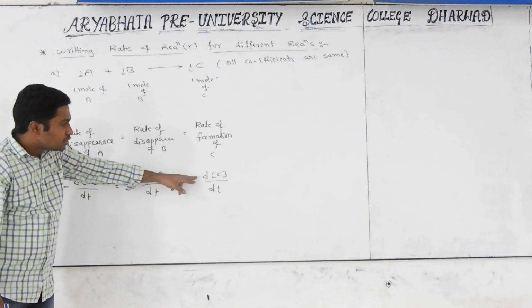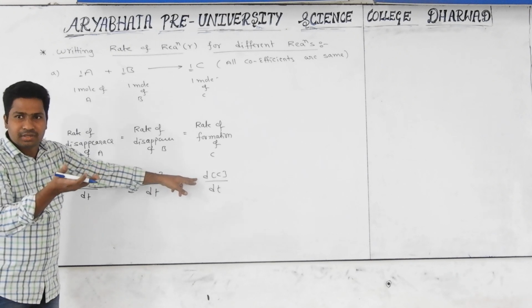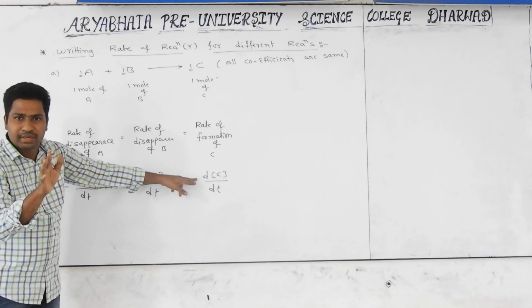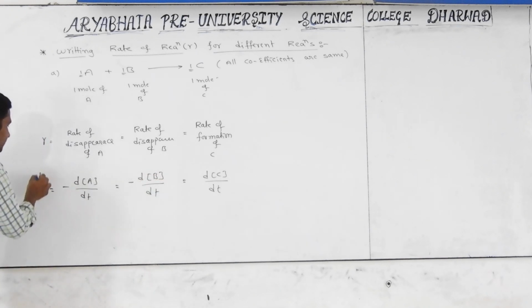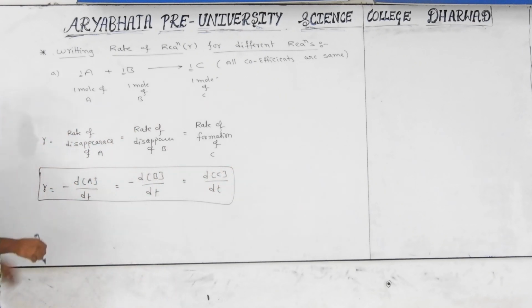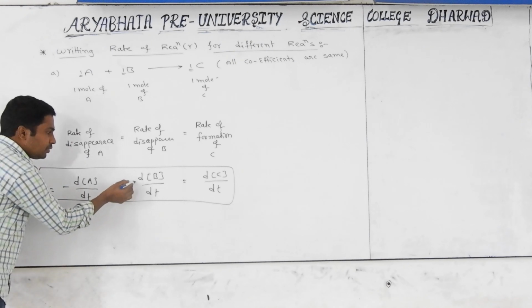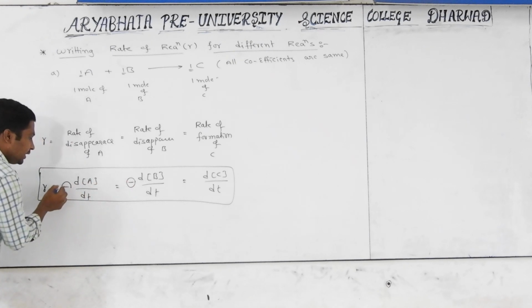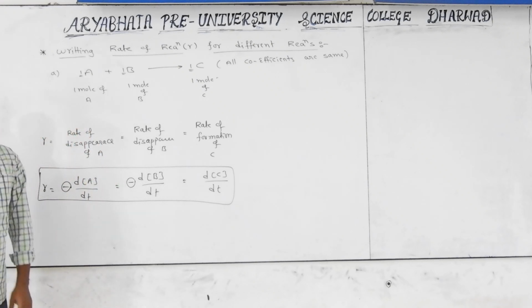Is there any necessity to write the negative sign here? No. Why? Because we already saw yesterday that for products we do not need to put any sign, because the rate value is already positive. So this is the rate of reaction expression for the given reaction when all coefficients are the same. Keep in mind only one thing: whenever we express the rate of reaction in terms of a reactant, we compulsorily keep the negative sign before it.